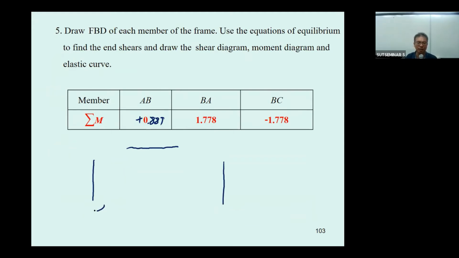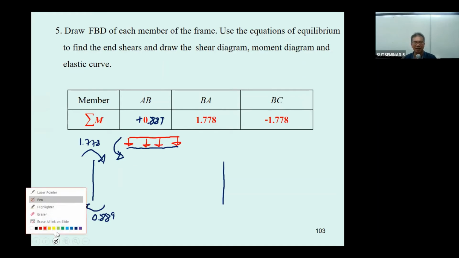Okay, and now what we have is the moment that you can determine. This is positive, right? So this is going to be 0.889, and this is also positive, so it's going to be in the clockwise direction, 1.778. This one negative, so when it's negative, it's going to be counterclockwise, and this structure has the uniformly distributed load like this.